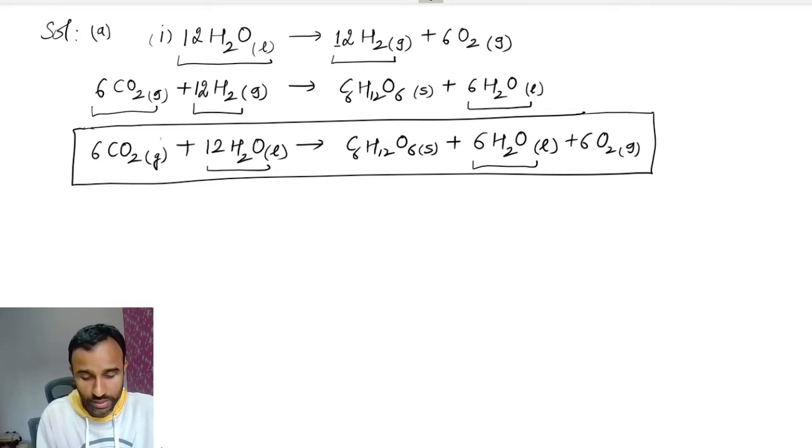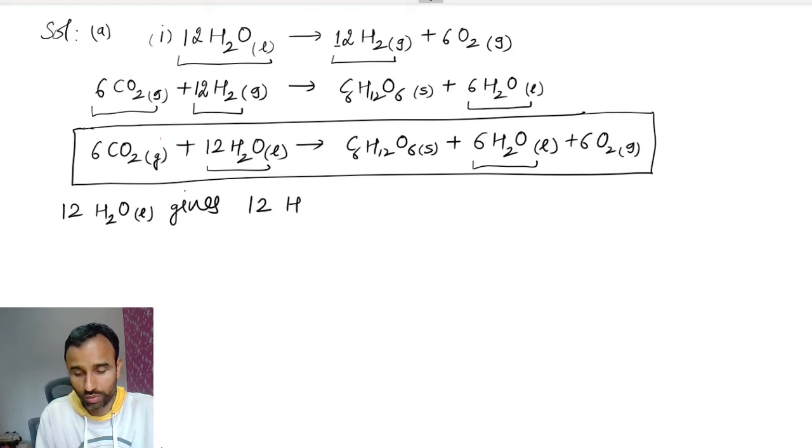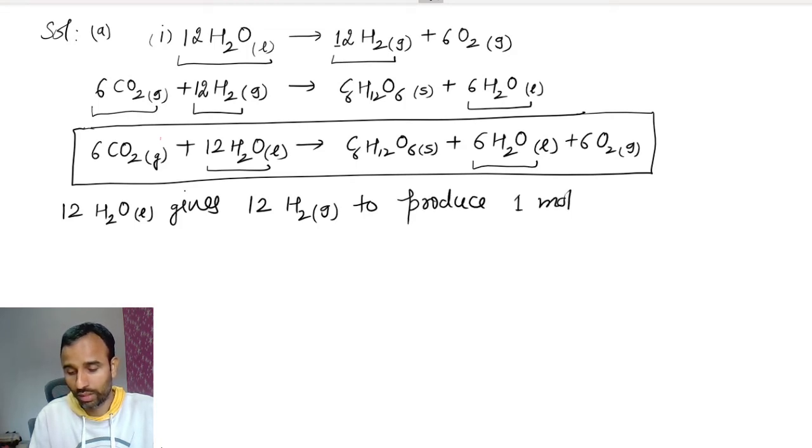We can write it as 12 H2O liquid gives 12 H2 gas to produce 1 mole of glucose.